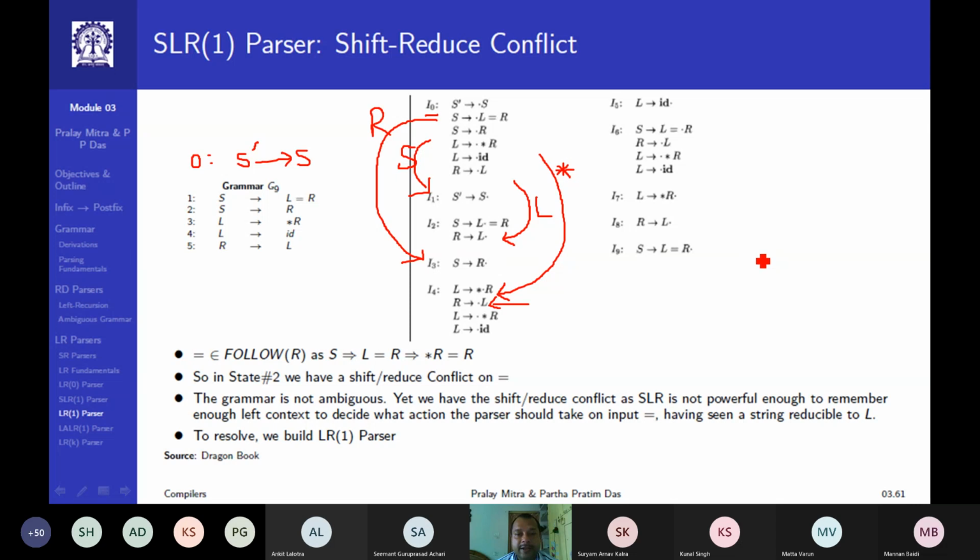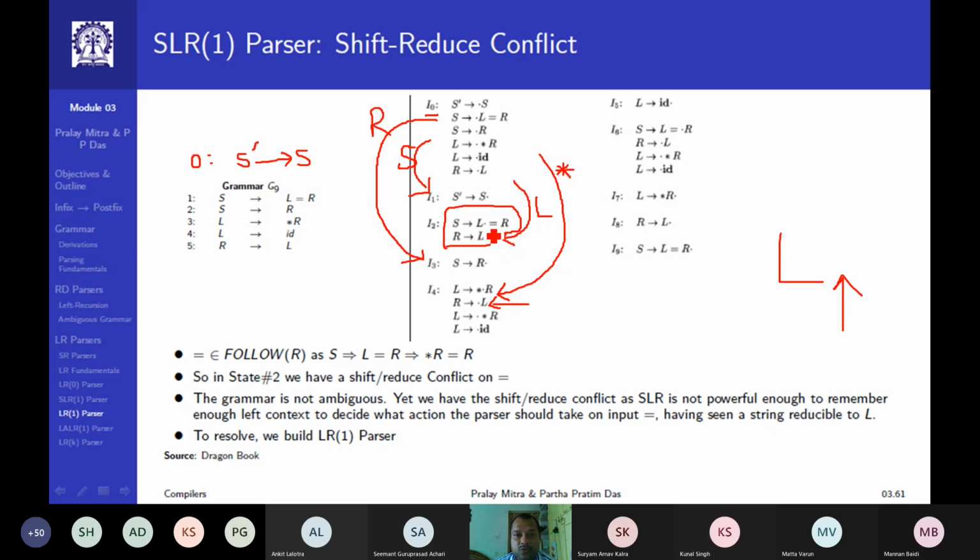If you are in an intermediate situation of parsing the string and you identified that on the left-hand side you got L, and currently your position is here, and you are at state 2, then there are two possibilities.